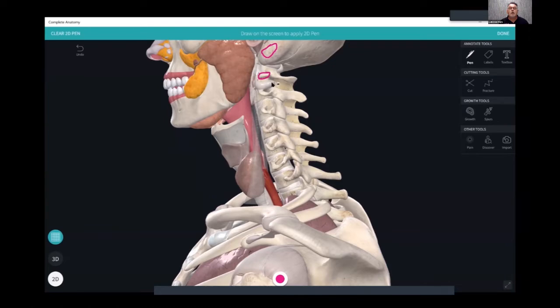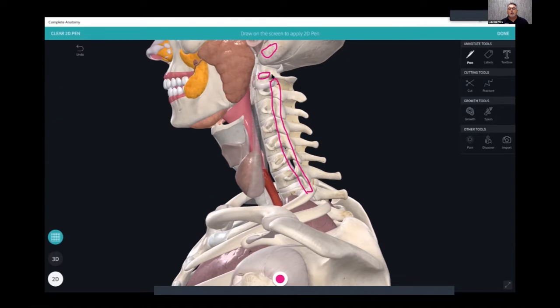Another structure of importance, especially as we get later into our course, will be the lateral laminar arch. On most people that's fairly easily palpable.